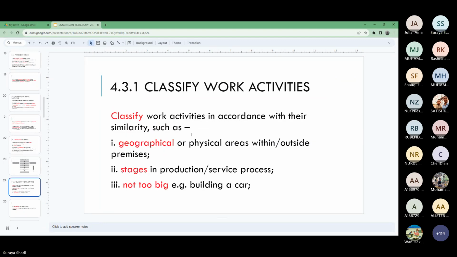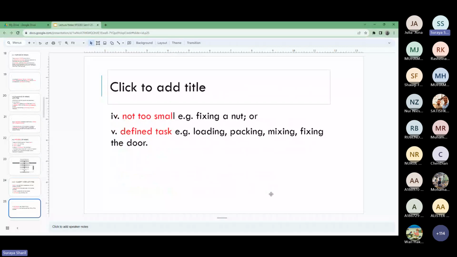So to manage the activities realistically, we have to classify the activities appropriately, according to this example, whether it is geographical, stages, and the size of the work, and also the defined task.